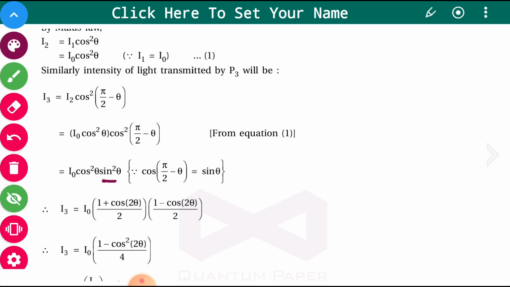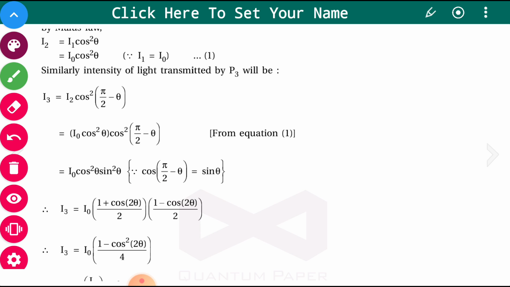Cos square theta is 1 plus cos 2 theta by 2, and sin square theta is 1 minus cos 2 theta by 2.